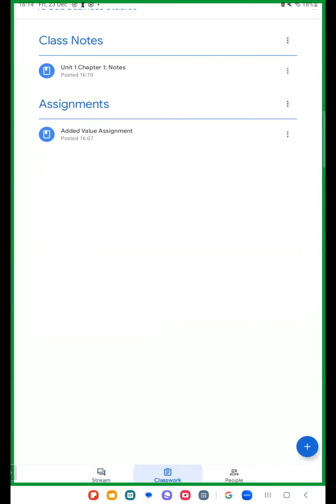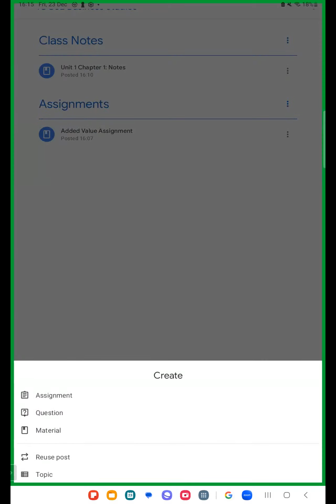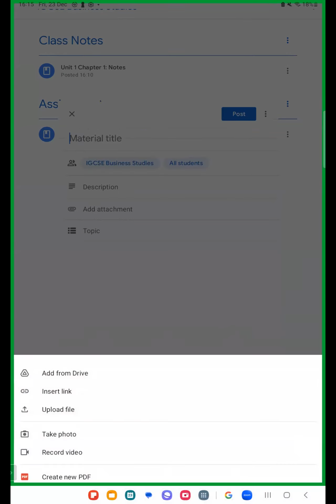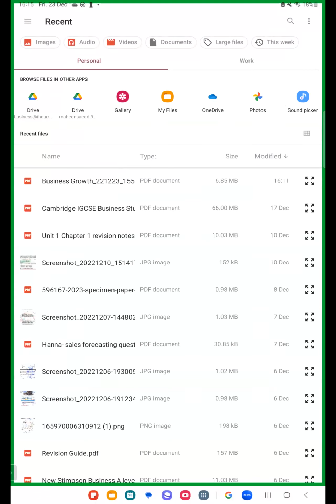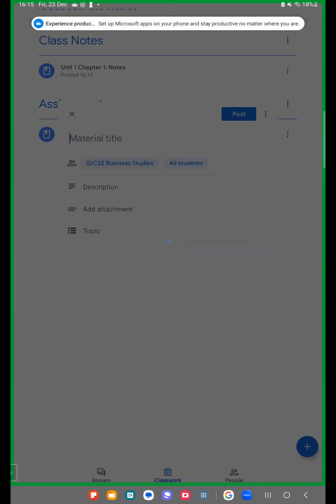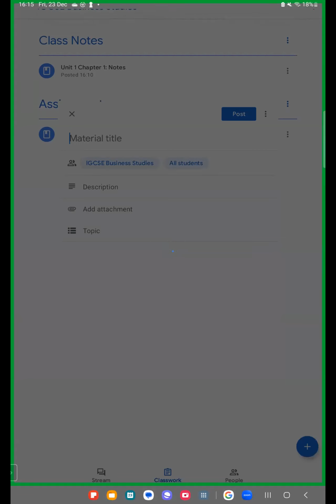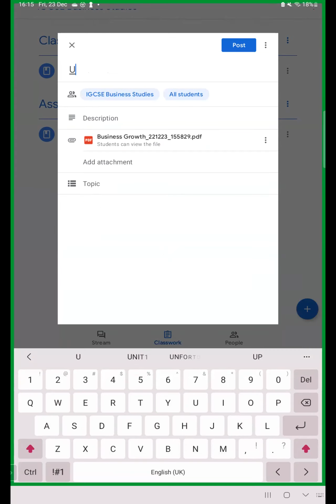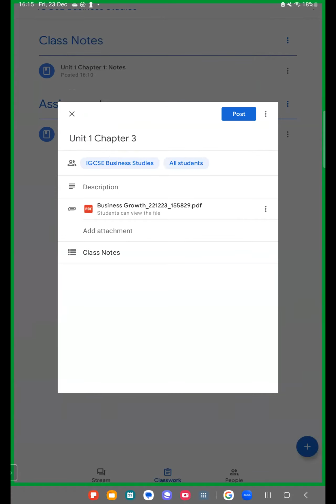Then comes your classwork. Everything that we do in class. Let's say I'm posting today's class notes. I will post that as material. Today's notes, I'll just upload right now in front of you so that you can revise. This is your business growth notes that I just wrote on the screen today. This was Unit 1, Chapter 3, and it's going in the notes.